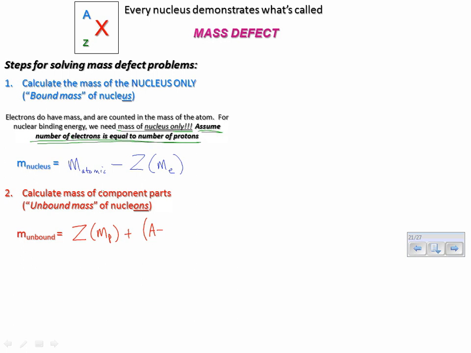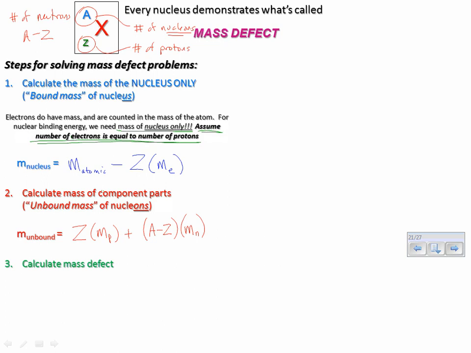The number of neutrons is A minus Z, because A is the total number of nucleons, anything in the nucleus, and Z is the number of protons, the atomic number. So the unbound mass is Z times the mass of a proton plus (A minus Z) times the mass of a neutron. Okay?